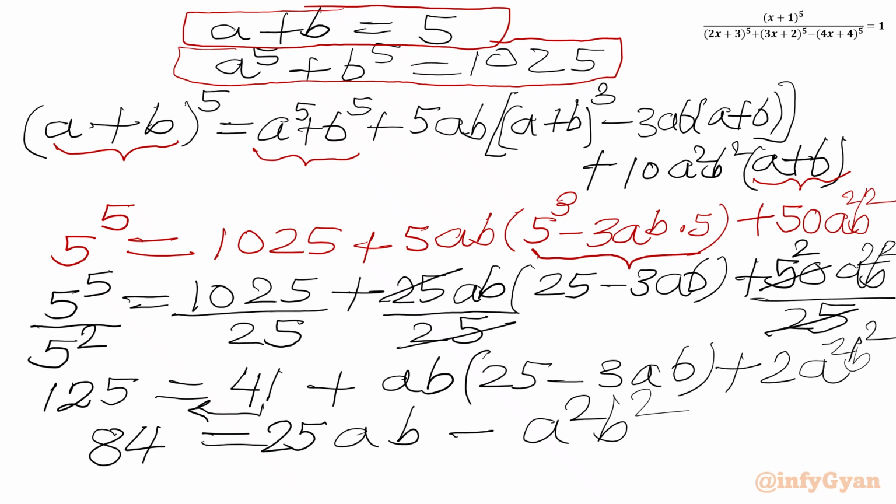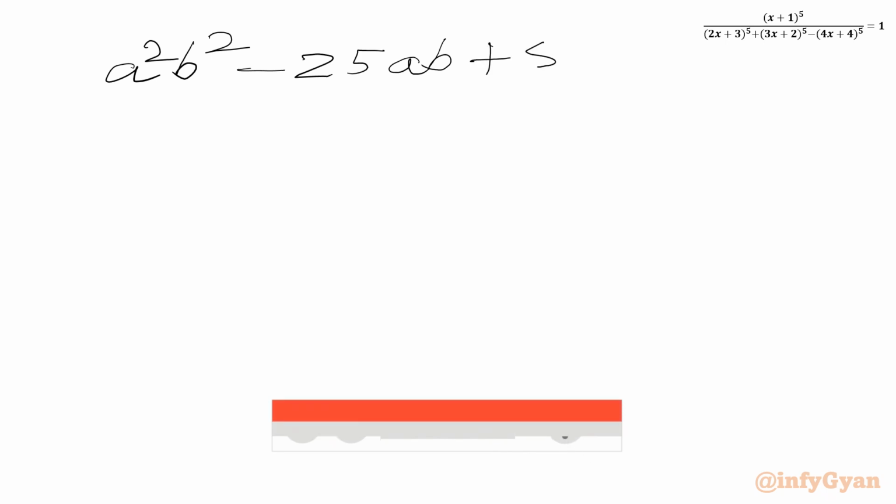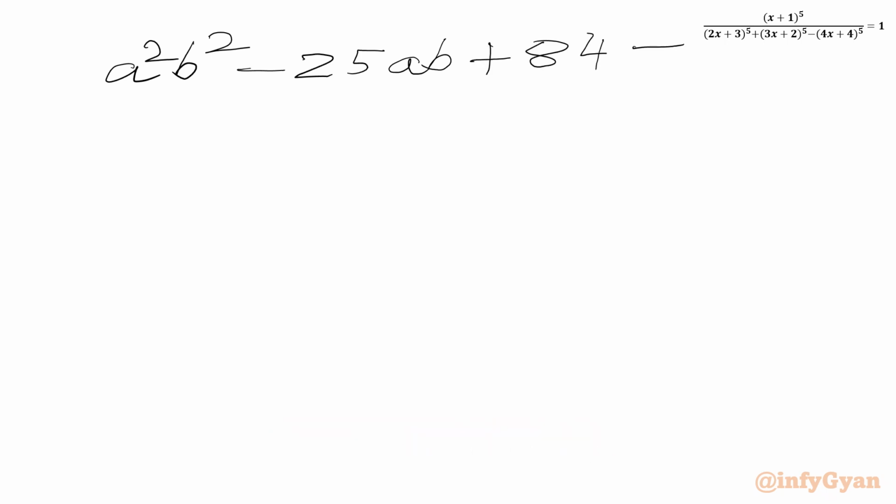Now we will take all the terms to one side, the left hand side. So I can write the quadratic equation: A square B square minus 25AB plus 84 equal to 0.